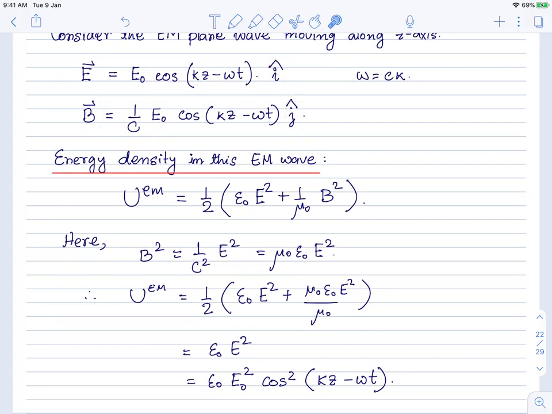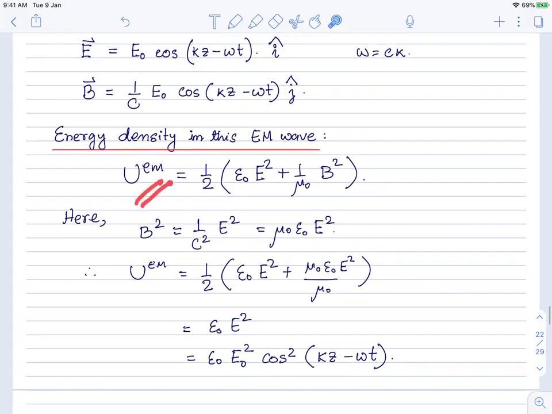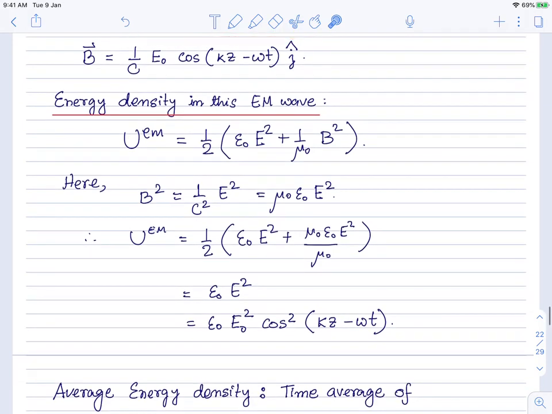Now if you consider the plane wave and try to find the energy density in the plane wave, then this is given by half of E square plus B square. In fact, B square is just 1 over c square E square, and c square is mu naught epsilon naught.